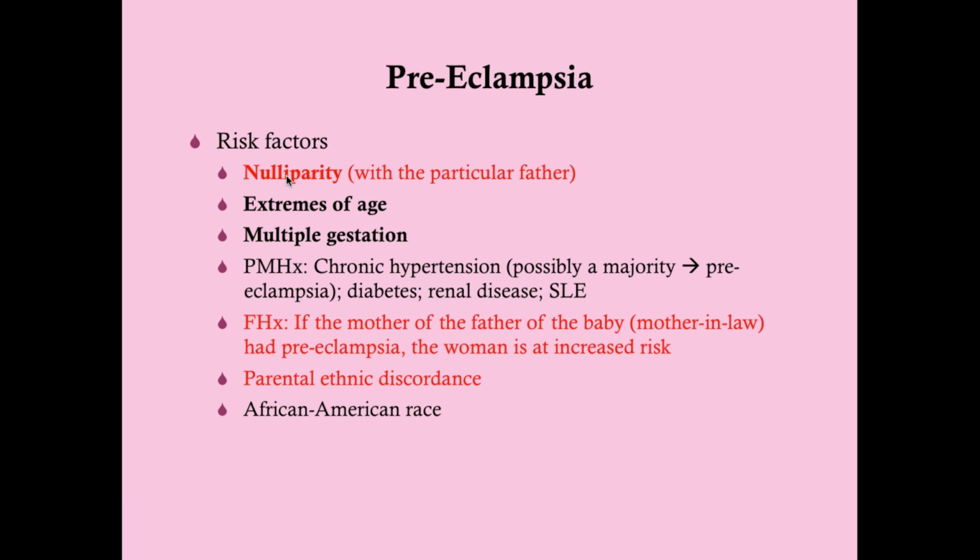So when you put some of these together, the nulliparity with the particular father, the family history, that interesting thing with the mother-in-law, and then parental ethnic discordance, you're kind of left with the possibility that this is probably something immune in origin. But there are other theories, and so we don't know the exact cause. But these are the risk factors. These are identified risk factors for preeclampsia.